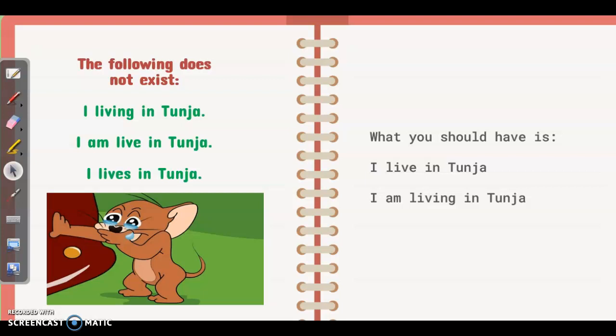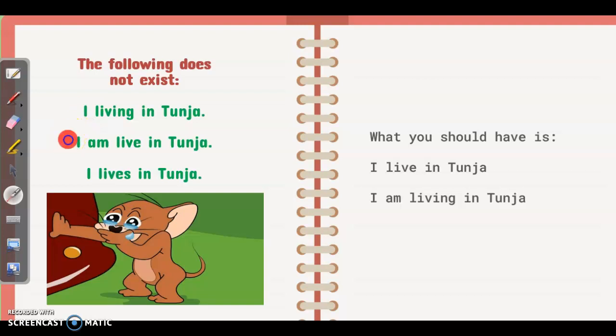Está usando el verbo en su forma de presente continuo, es decir, su forma de progresivo con el ing, pero le falta algo importante, ¿ok? So, I live in Tunja, no, right? No, not good. De nuevo, es combinación de presente simple y un pedacito allí de presente continuo, pero no, o es una cosa o es la otra, no se puede mezclar así.